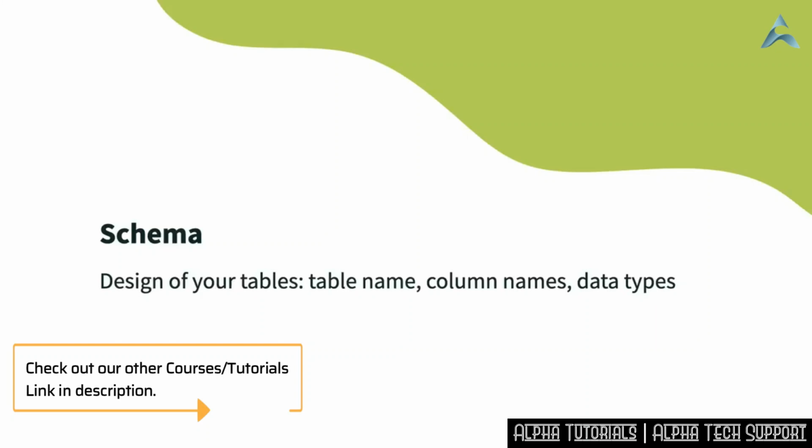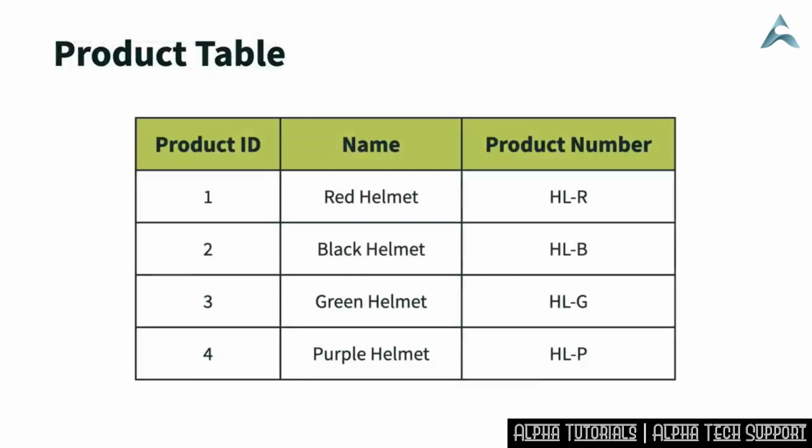A feature of a relational database is that multiple tables can relate to or link with each other. Think of this like having multiple sheets or tabs across the bottom of your spreadsheet. You might have a sheet, or in this case, a table, that stores all of the products that your business sells online.